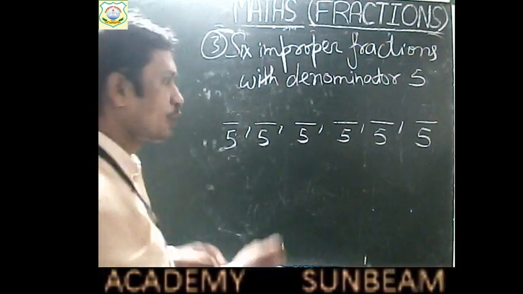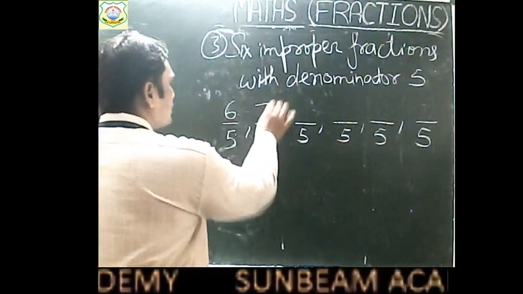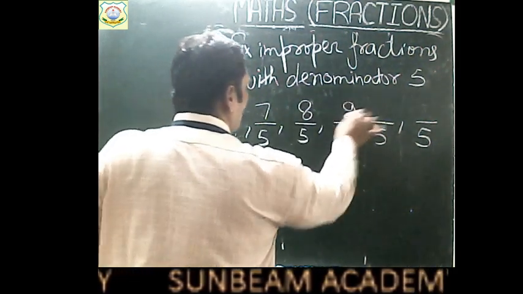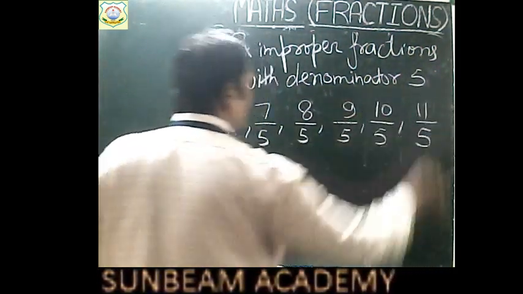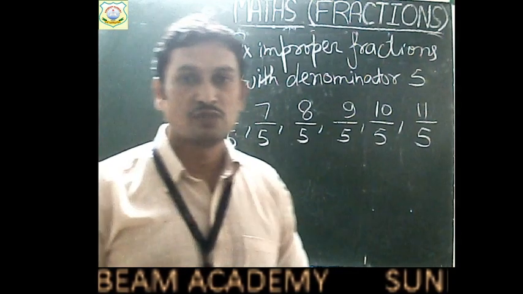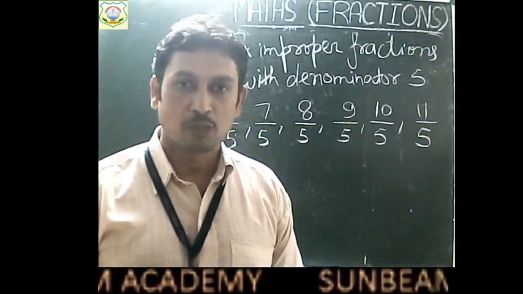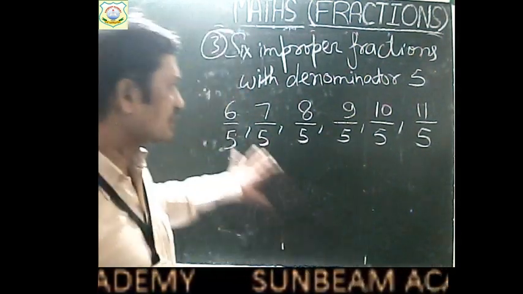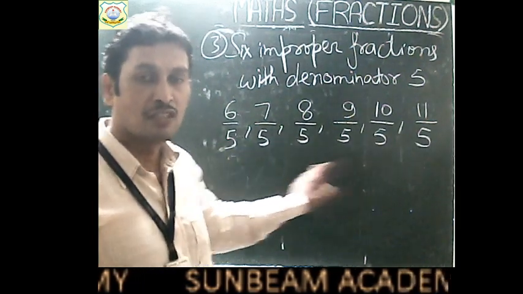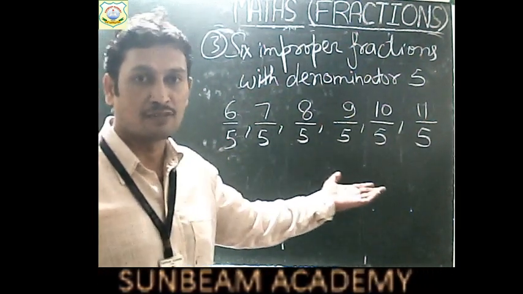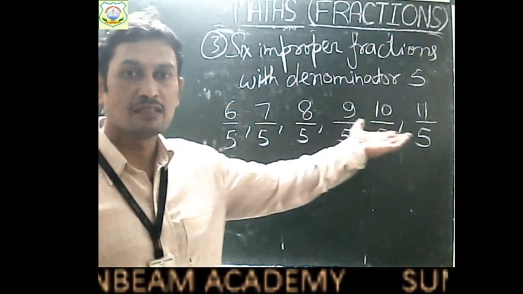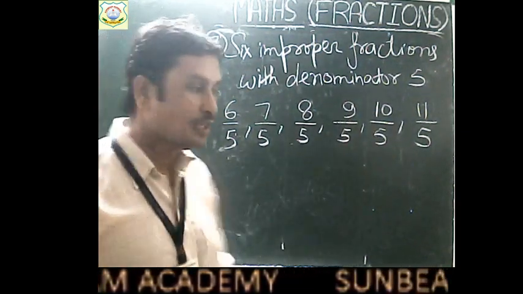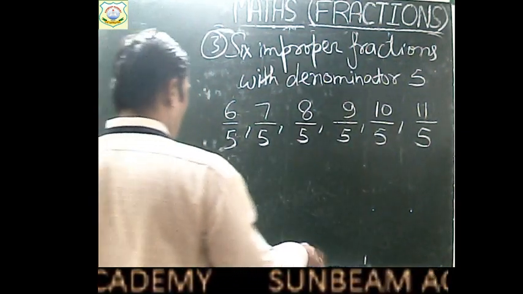So I am starting from 6. Suppose 6, 7, 8, 9, 10, 11. So write 6 different numbers which are greater than the denominator 5. So in this way we will get 6 improper fractions with same denominator 5. Okay? And numerators are different. Clear, children?